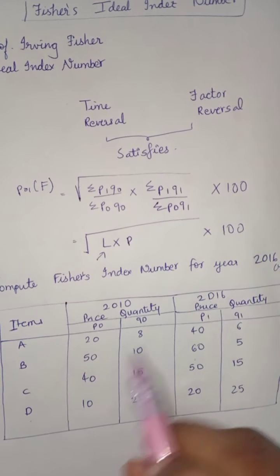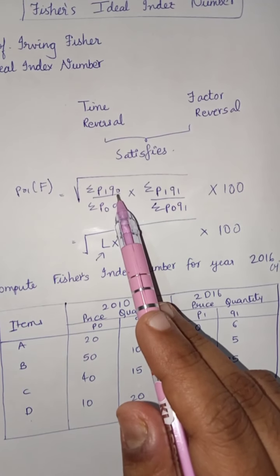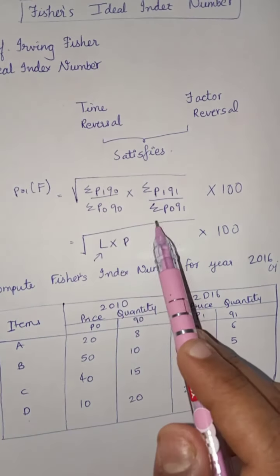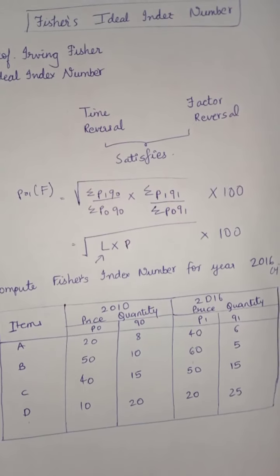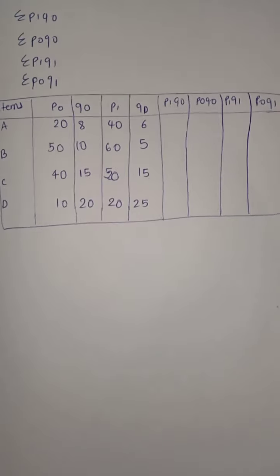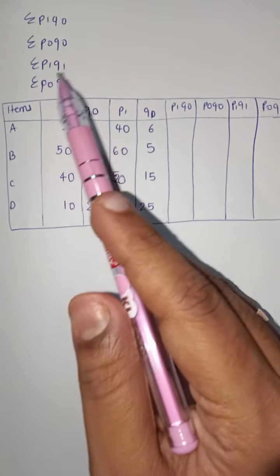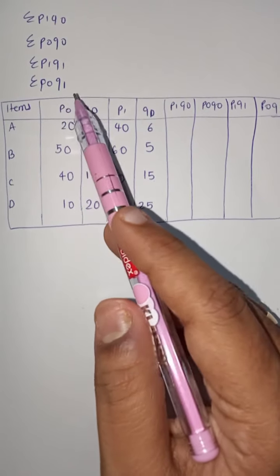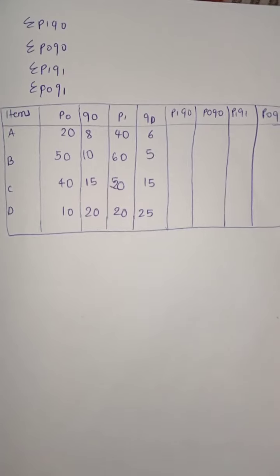So let us put the values. Let us find all the individual products, then substitute them in the formula. We need P1 Q0, P0 Q0, P1 Q1 and P0 Q1. So let us multiply and put in the values.